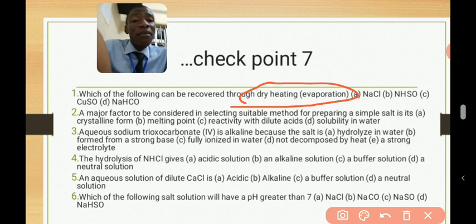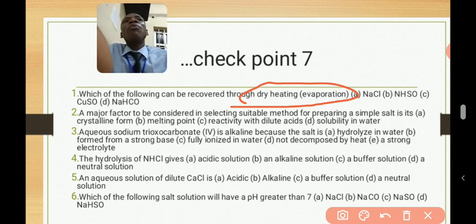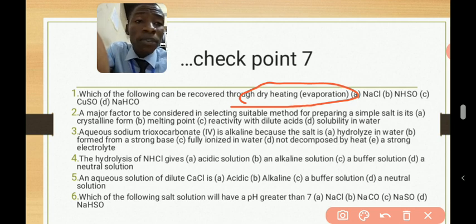That is, they have a high melting point. But there are some salts that normally decompose when you heat them, so you cannot recover them from their solution by evaporation to dryness. That will not happen. The salt will just get destroyed.